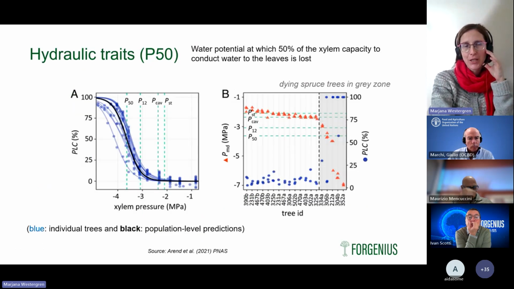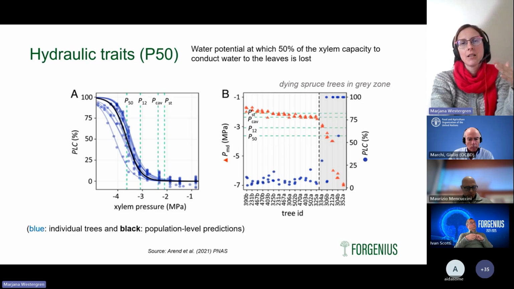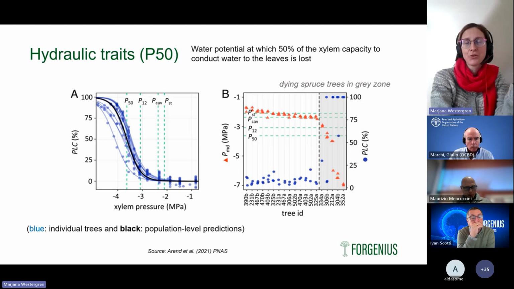If we go to one of these hydraulic traits, let's say P50, which is the water potential at which 50% of the capacity of xylem to conduct water from roots to the leaves is lost. It signals a point where there is not enough water for the tree to survive, and then they start dying off.